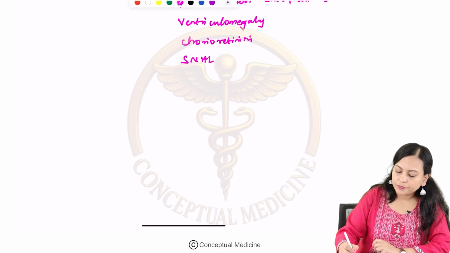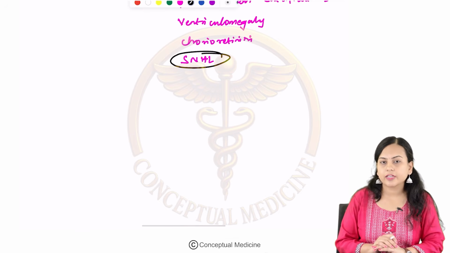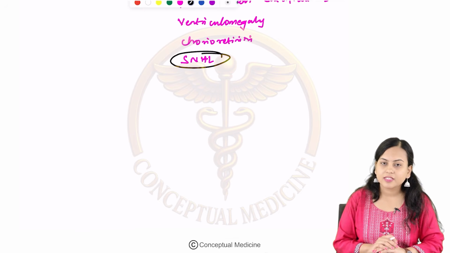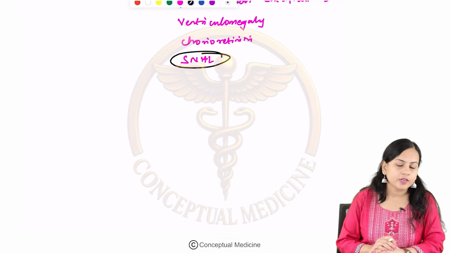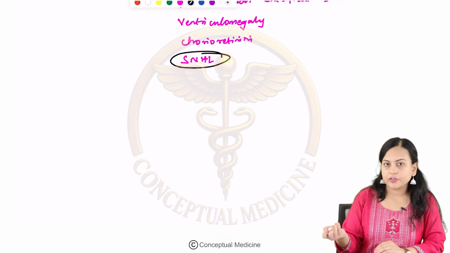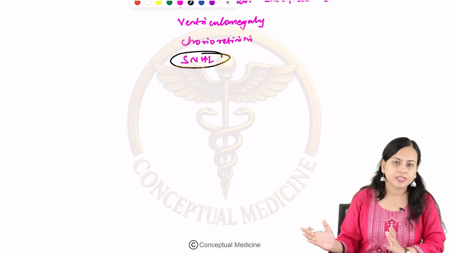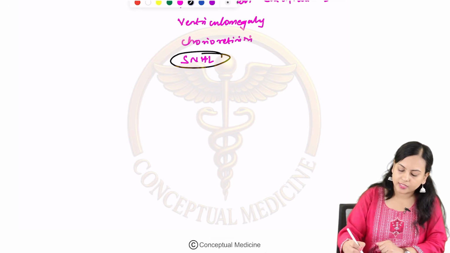So, the most common congenital infection that is going to cause sensorineural hearing loss is cytomegalovirus. Even then it is seen in rubella. Remember, CMV is the most common congenital infection. So, for sensorineural hearing loss, the most common congenital infection that is going to cause it is cytomegalovirus. Clear?